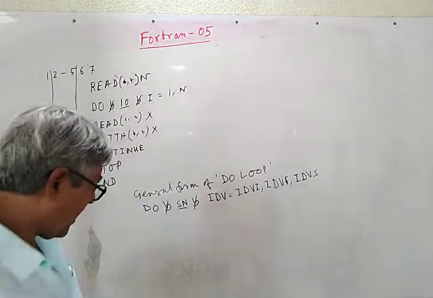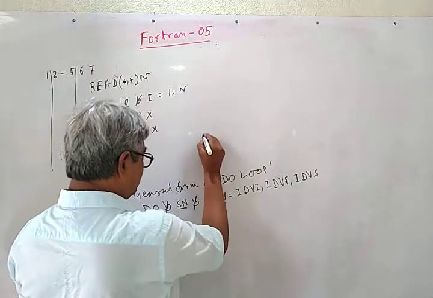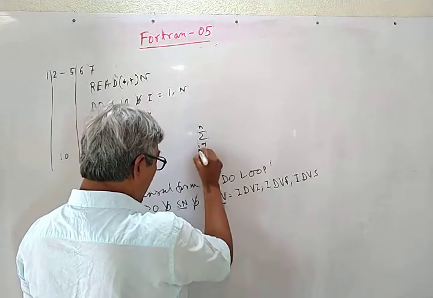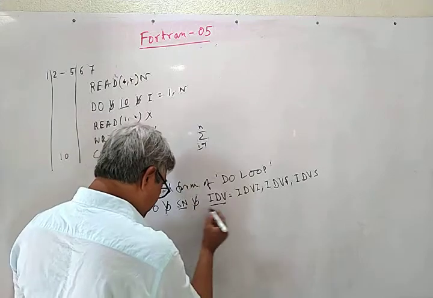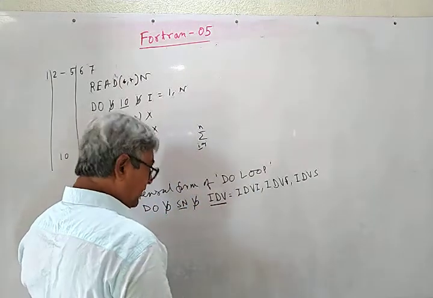This is the dummy variable. It must be an integer, because whenever I say I is equal to 1, 2, I assumes integer values. To remind this, I have written integer dummy variable.